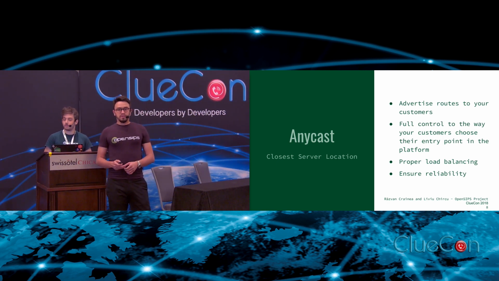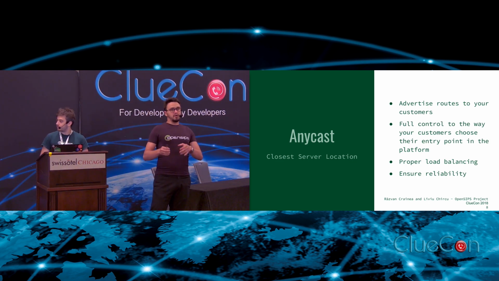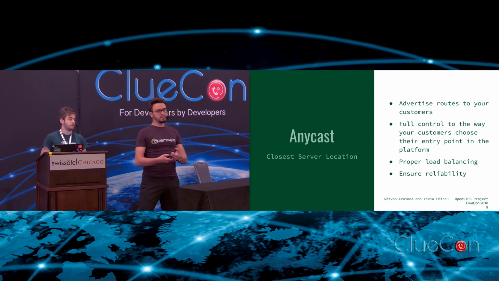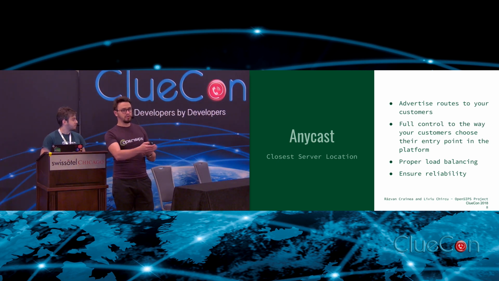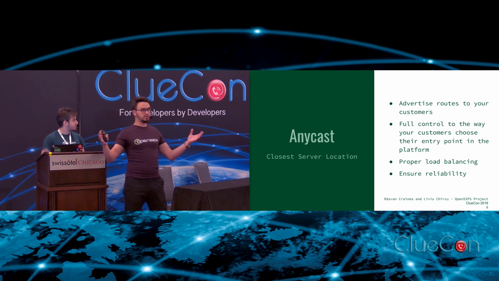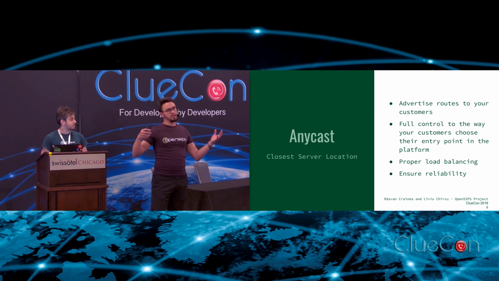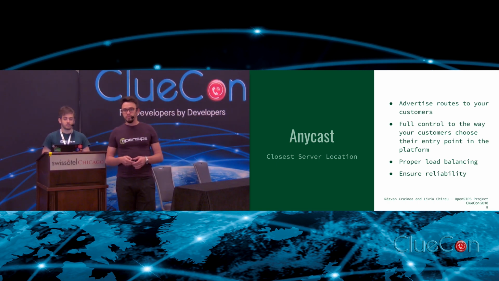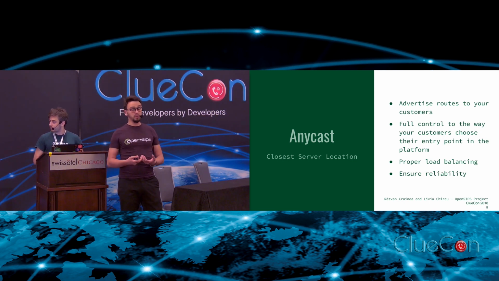This method basically allows you to present your clients the routes so that they reach your closest server. So you have different servers across the world, and for each of them you can specify different route sets in order to help them find you more easily.